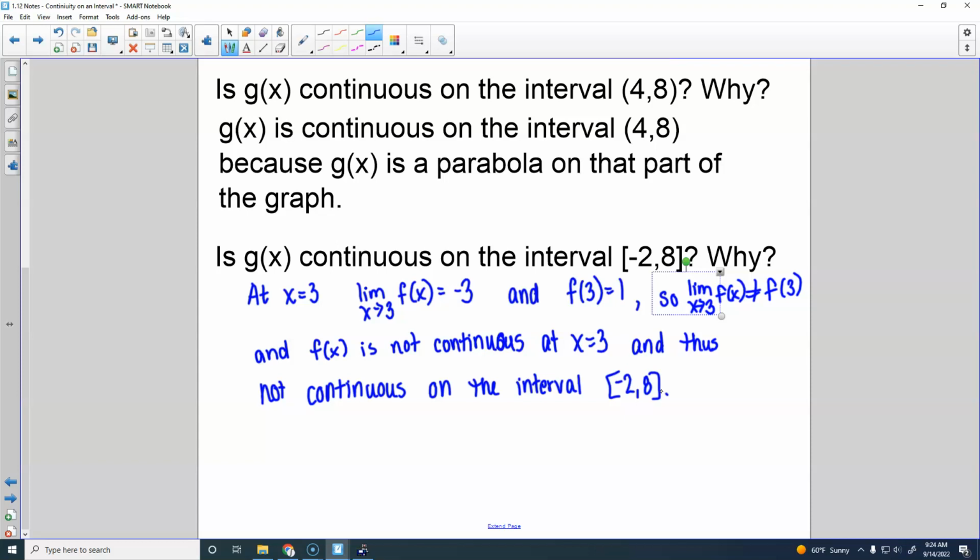Oh yes, everything I've done here should say g instead of f.